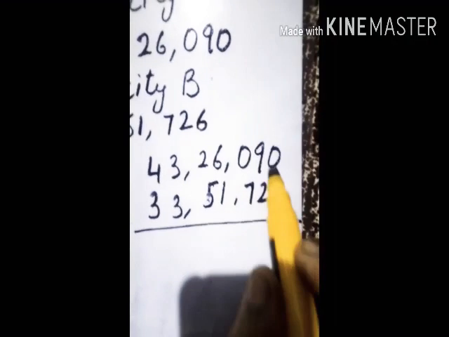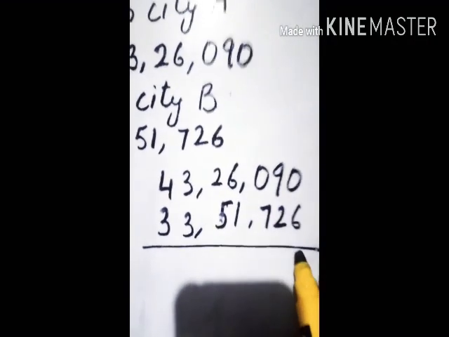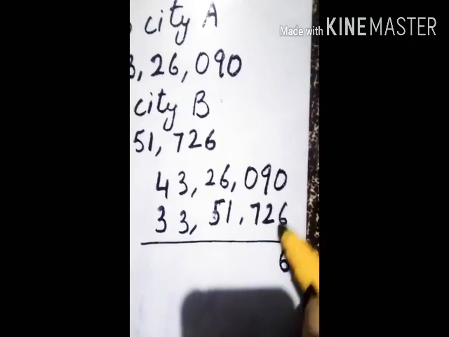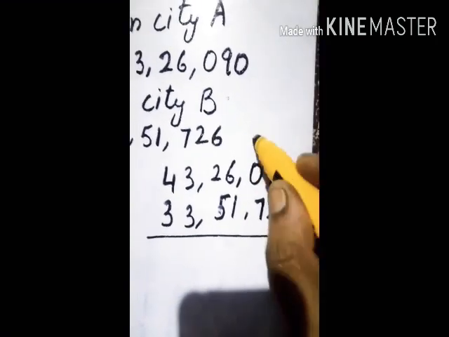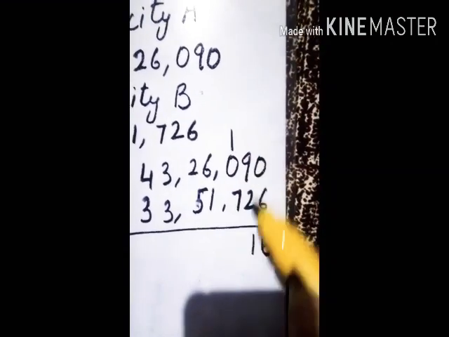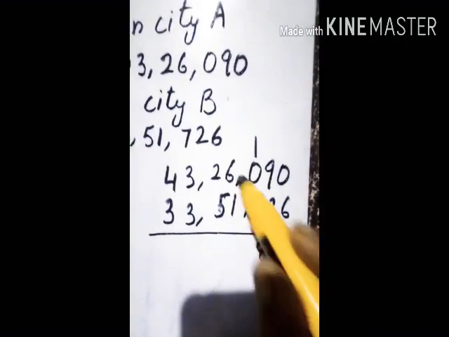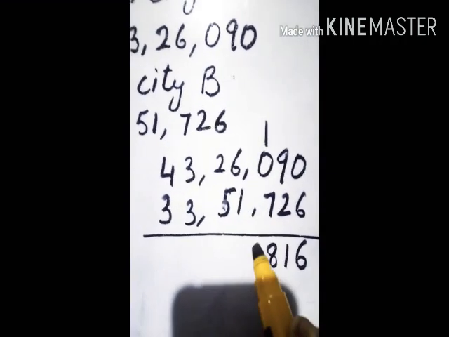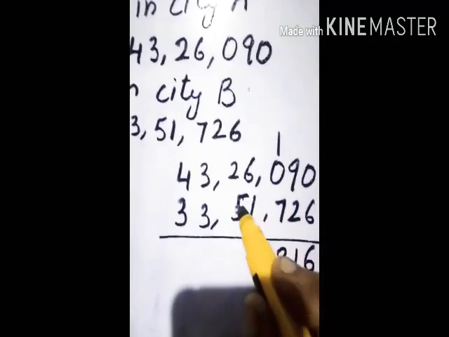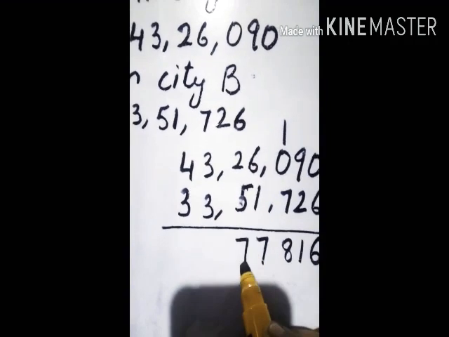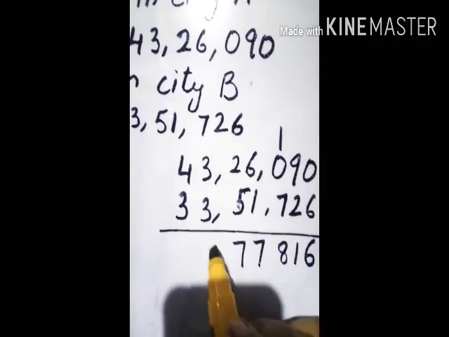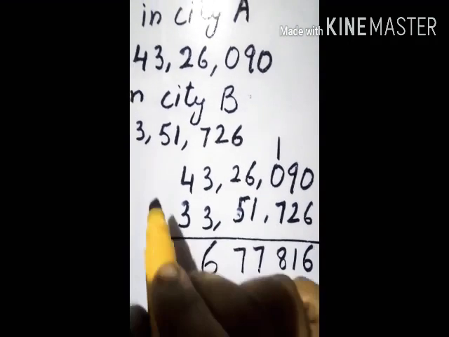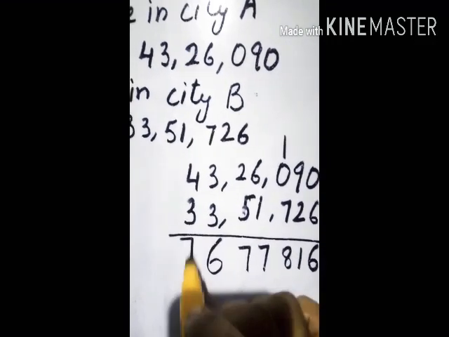Same way as you have learned: 6 plus 0 is 6, 9 plus 2 is 11, 1 carry 1, 7 plus 1 is 8, 6 plus 1 is 7, 5 plus 2 is 7, 3 plus 3 is 6, 4 plus 3 is 7.